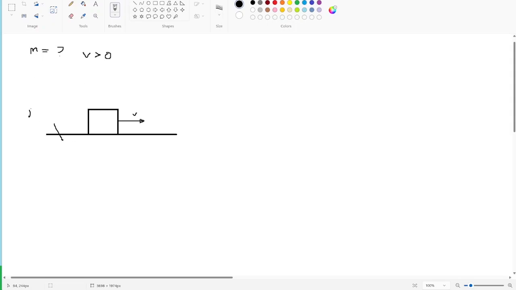And there is friction here, force of kinetic friction, with the coefficient of kinetic friction mu k, which I'm going to set to 0.10. Okay, cool.